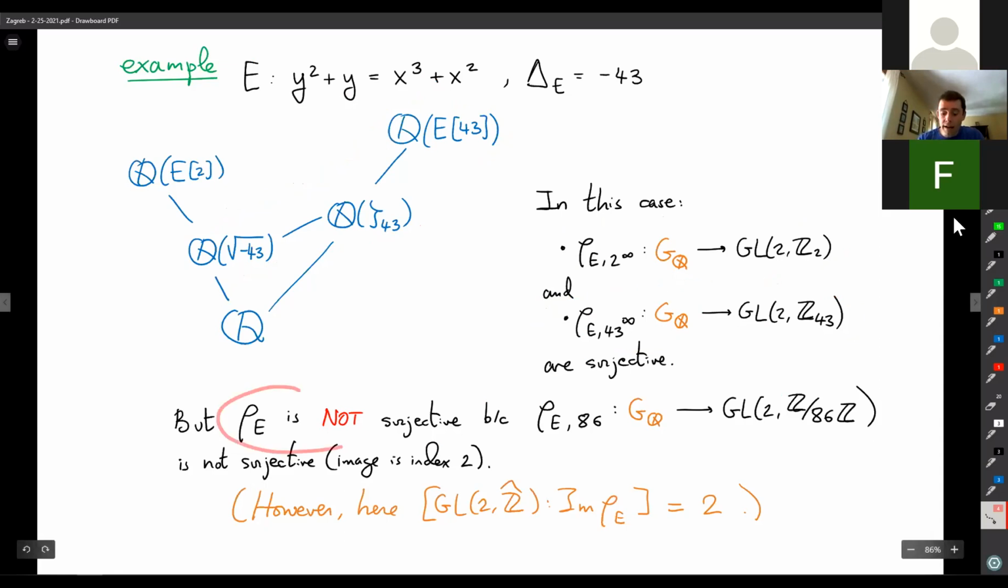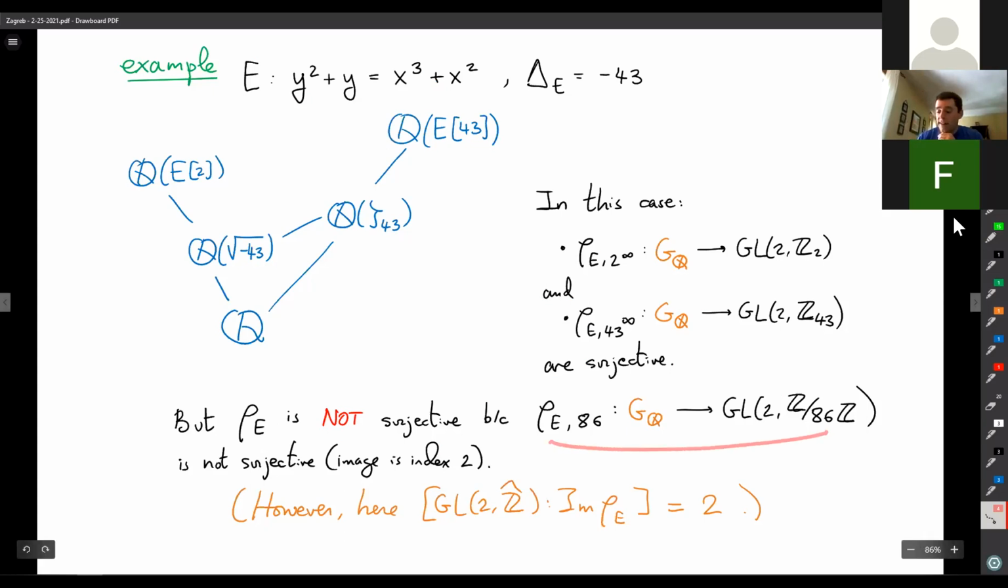However, the adelic image is not surjective because when you put these two division fields together in the 86 division field, they have an intersection that shouldn't be there, and that cuts down the Galois group by a factor of 2.